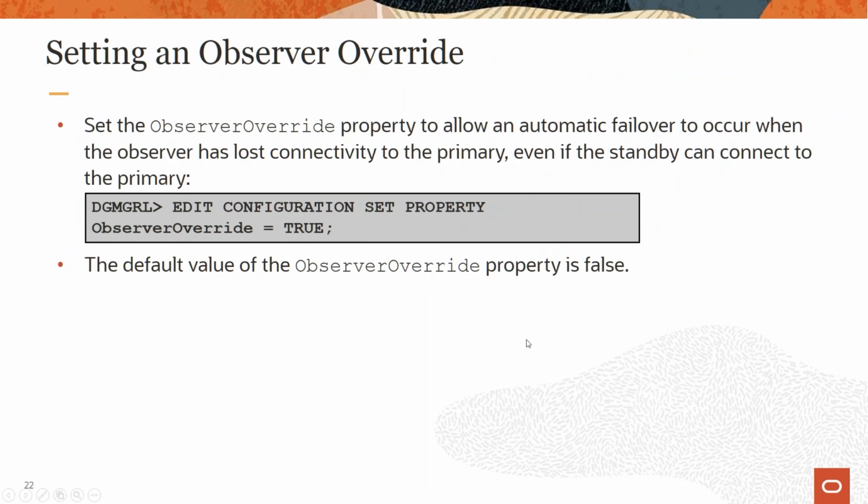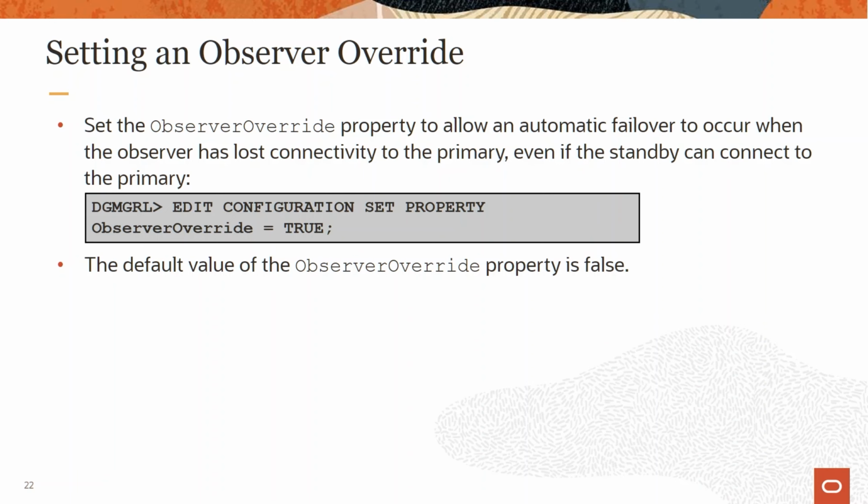And also we have a setting of observer override, a property to allow automatic failover to occur when the observer has lost the connectivity. Remember that with a time-based condition, in order to initiate fast start failover, two conditions must be met at the same time. Number one, the observer has lost the connectivity to the primary database, and the standby database has lost the connectivity to the primary database.